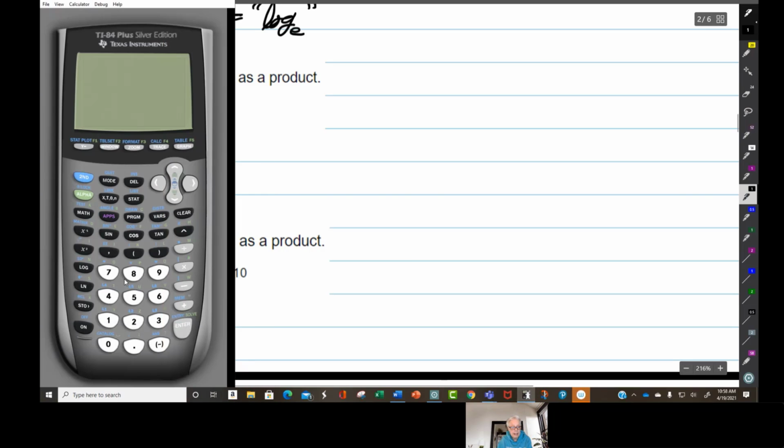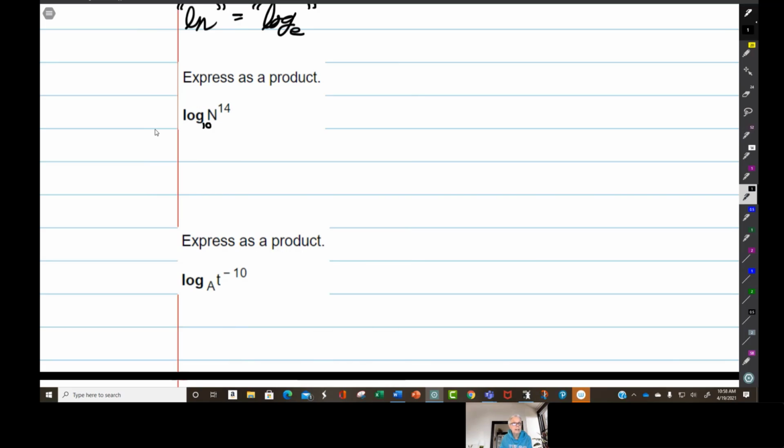It's the same base as the log button on your calculator. You have log and you have ln. Pretty handy. Okay, we're going to use the power rule because we have a power in the argument.